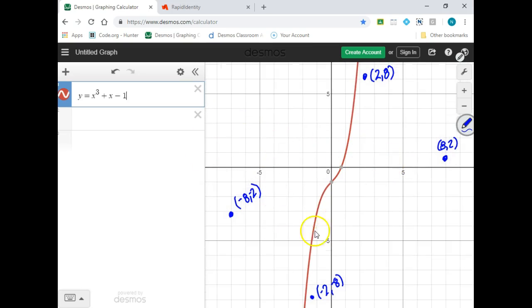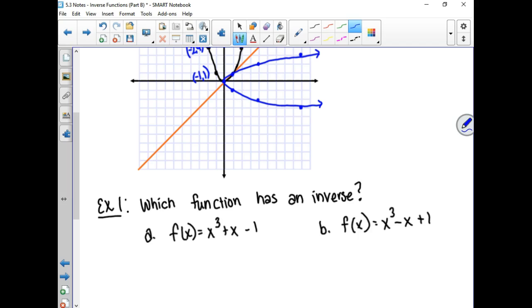That is always increasing. So this has an inverse. However, if we change it, what's that second one? Minus x plus 1. And we look at this graph, does this one have an inverse? No, because it is not strictly increasing. It's not always increasing. So that first one is the answer here. This one has an inverse. That second one does not.